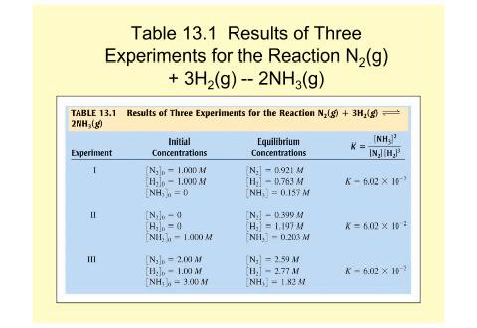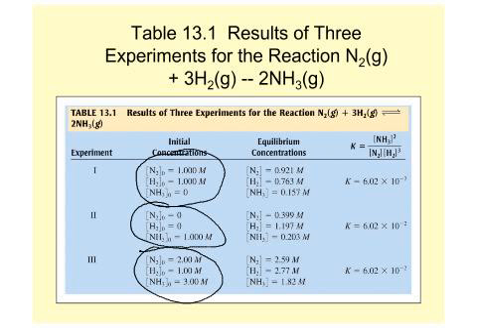Here's an example. This is table 13.1 in your book. It has different initial concentrations, a bunch of different initial concentrations. Some of them even switch the reactants and products. And then you wait until the reaction reaches equilibrium. And when that happens, you just do products over reactants, right?